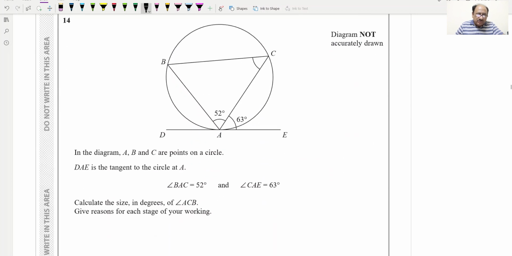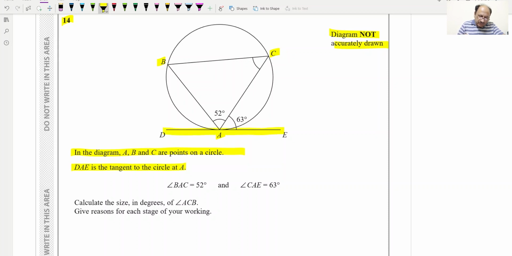Now question number 14, a circle theorem question. Diagram is not accurately drawn. In the diagram, A, B, C are the points in the circle. DAE is the tangent.